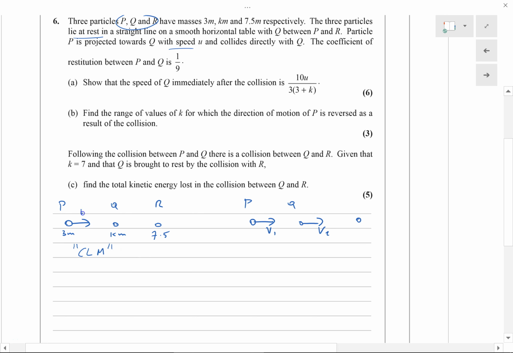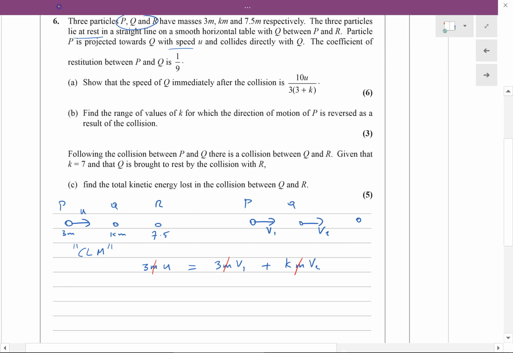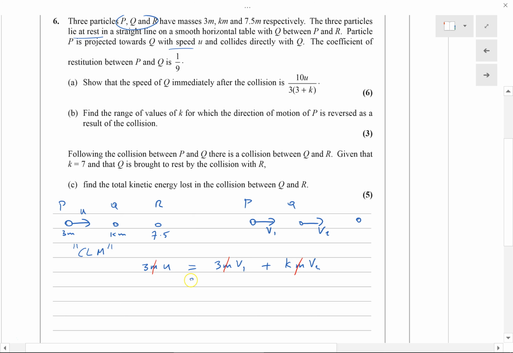The speed of the 3m is u, so 3mu is the momentum, and that is equal to 3mv1 plus kmv2, and of course the m cancels to just give us 3u is equal to 3v1 plus kv2.